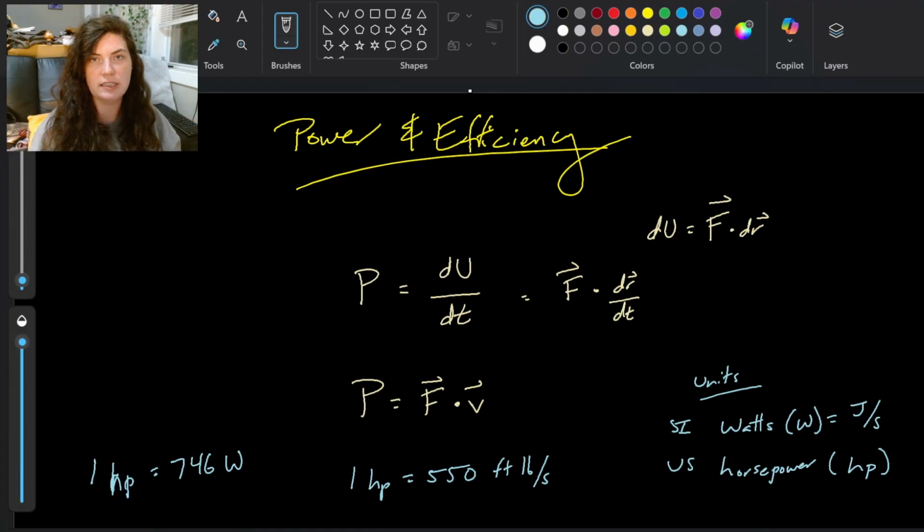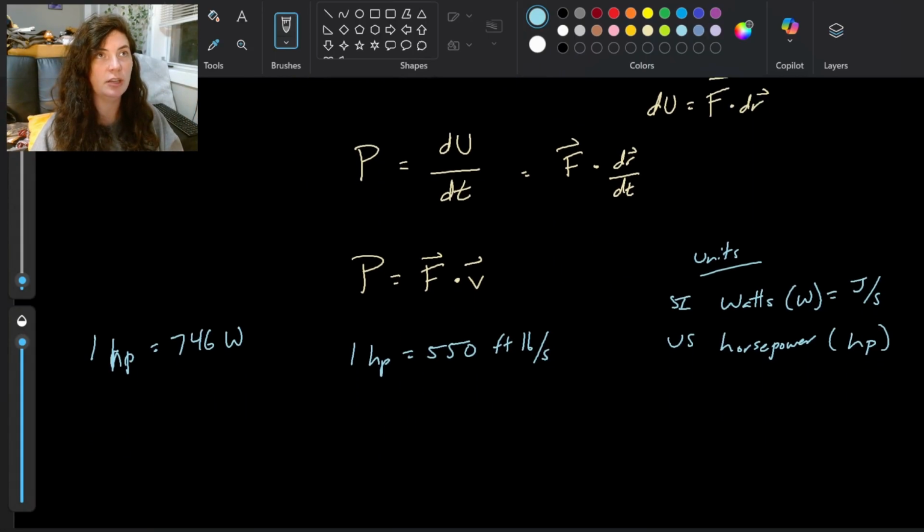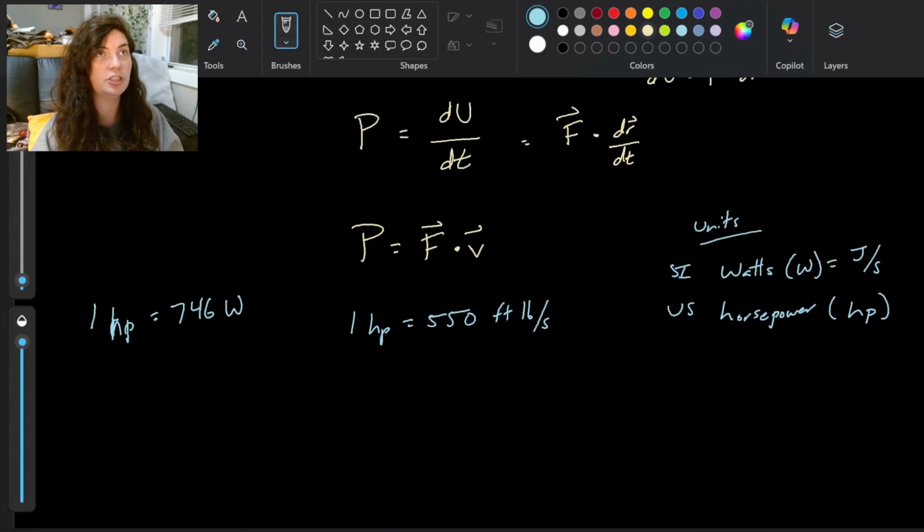Lots of different reasons that it may not be a 1-to-1 ratio of energy you're putting in to energy you're putting out. And so this relationship is called efficiency. Efficiency is this ratio of the useful power output to the power input.